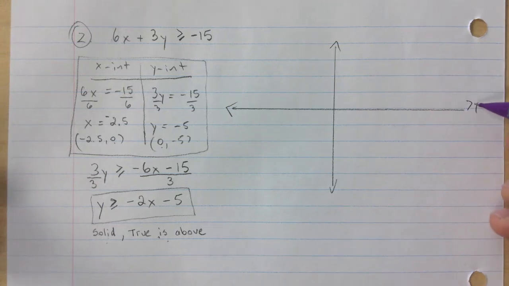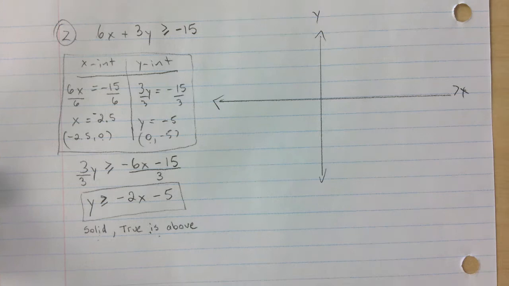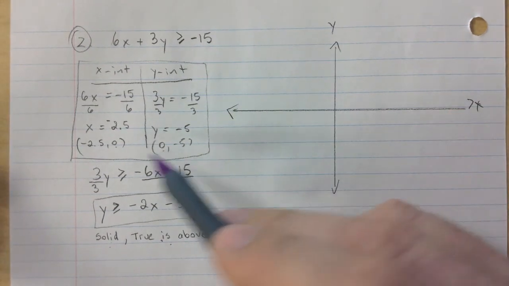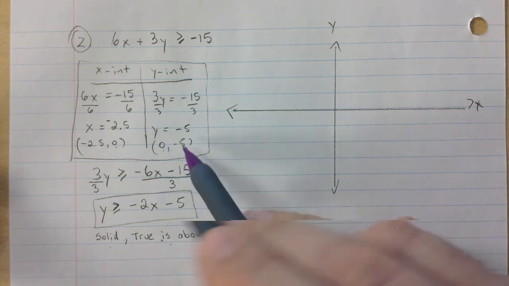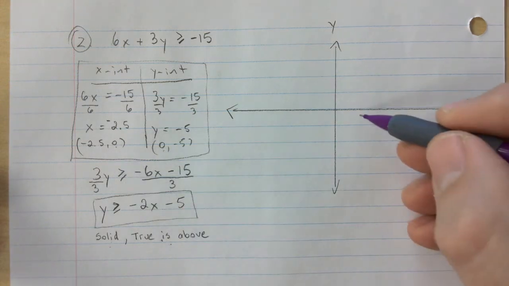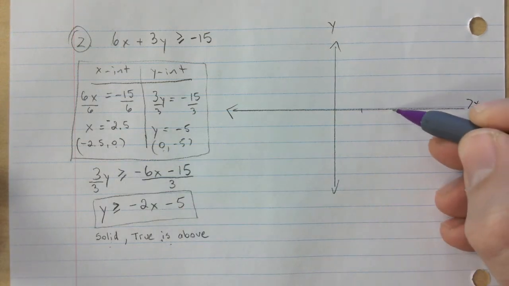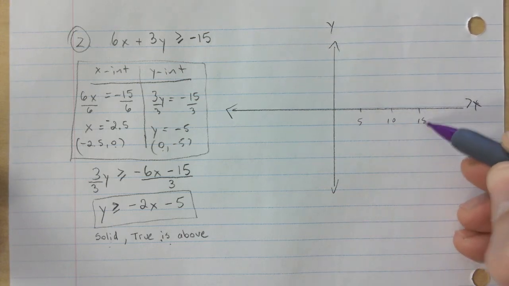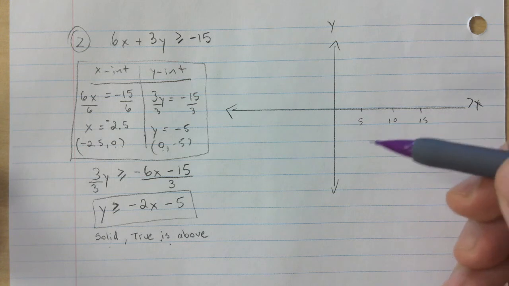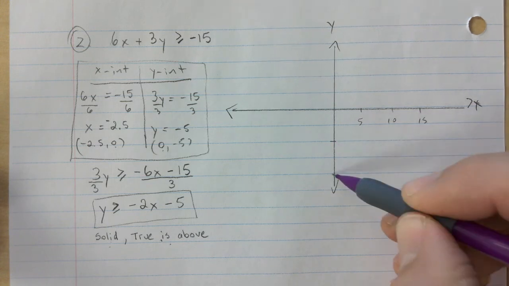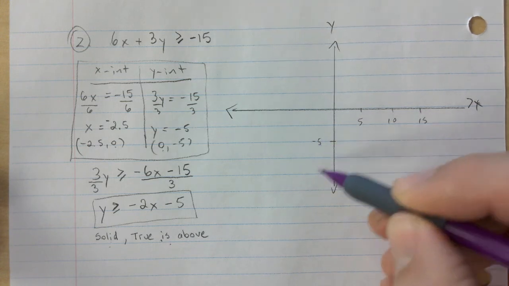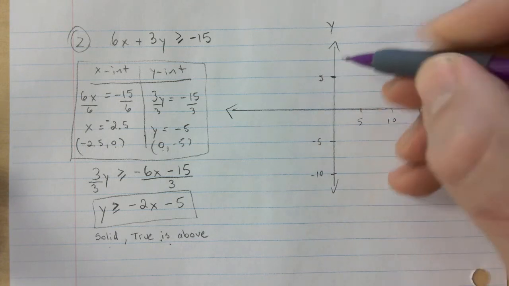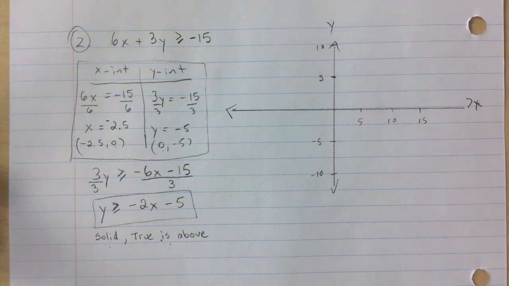So you've got X and Y. I'm going to use a scale of 5: 5, 10, 15. Then I need you to label, as long as you're consistent with the gap as well.